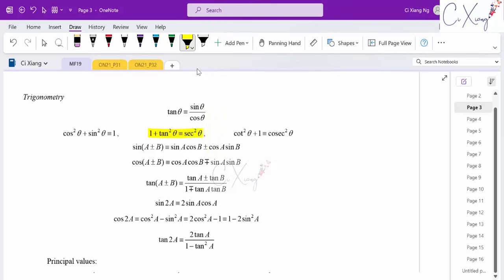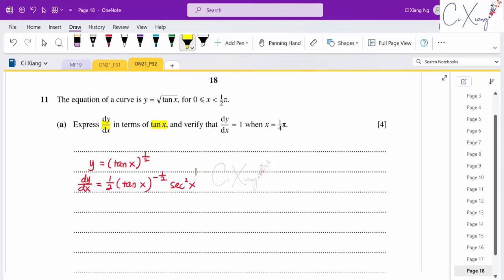You can see that secant square can be written as 1 plus tangent square. So I'm going to substitute this into my solution: for secant square, I have tangent square plus 1.